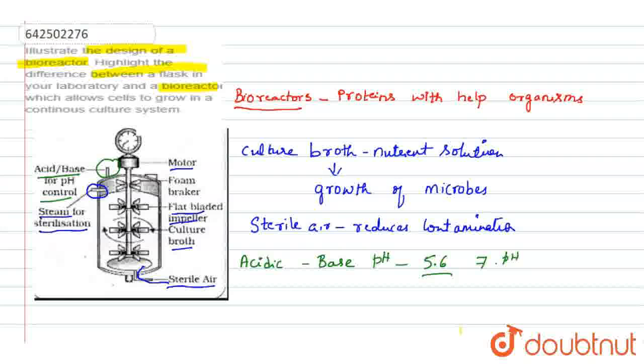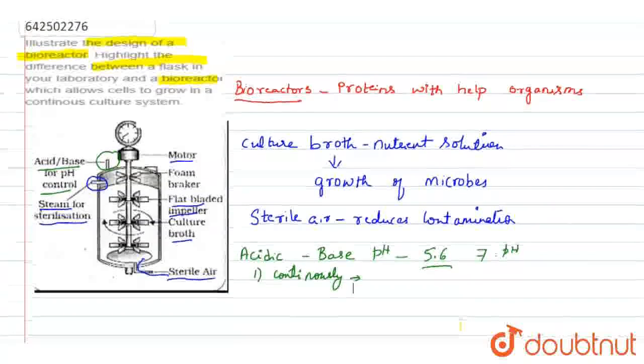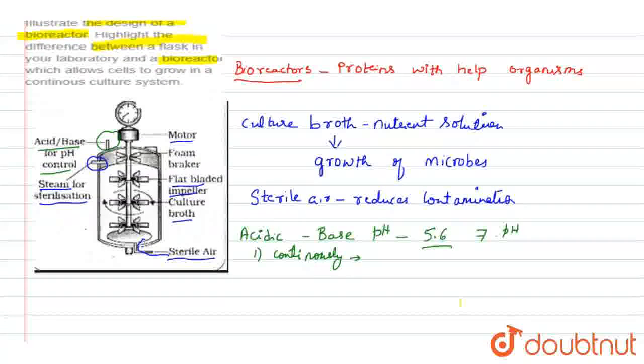The main advantage of this bioreactor is that the process is continuous. That means there is continuous production and also continuous removal of the finished products, as the process is happening in a controlled manner.